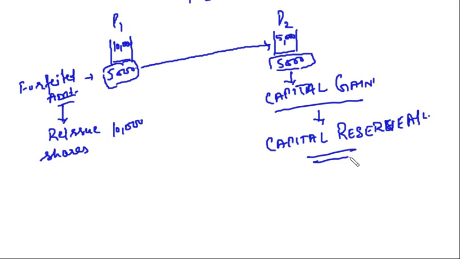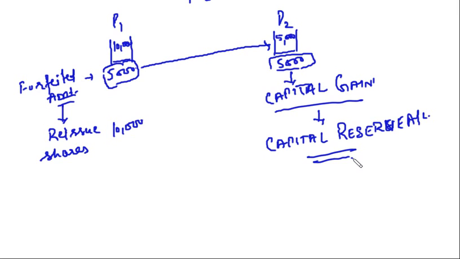So this is the whole story, that in case of reissue of shares, you might have a capital gain if you have a balance in forfeited shares account. That balance in pocket 2 reflects the capital gain that will be transferred to capital reserve account. Clear, friends? This much is clear.